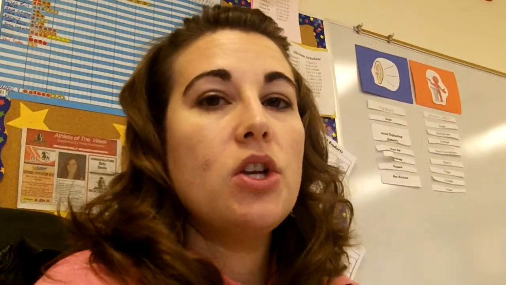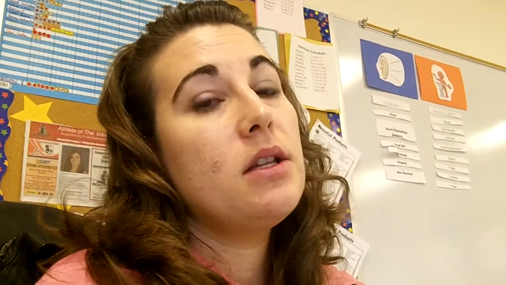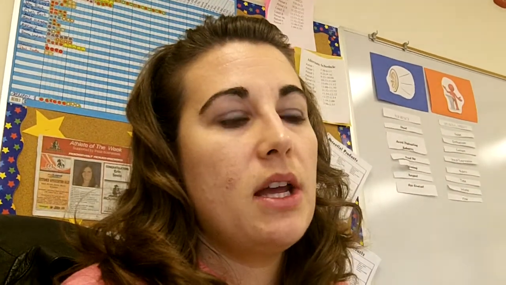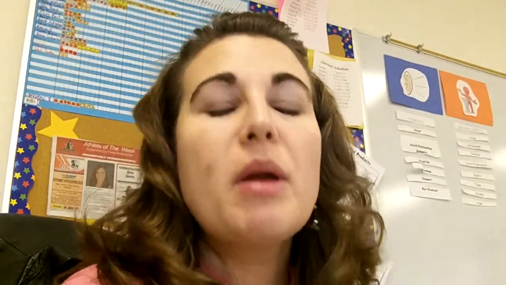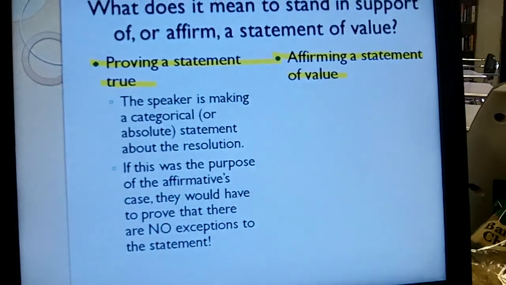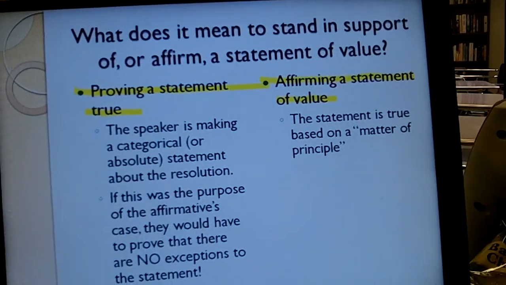What you're doing is you're just proving as much as you can, and the negative and the audience has to understand that it's not related to no exceptions to this rule. There may be some exceptions, and they're probably going to be small exceptions.